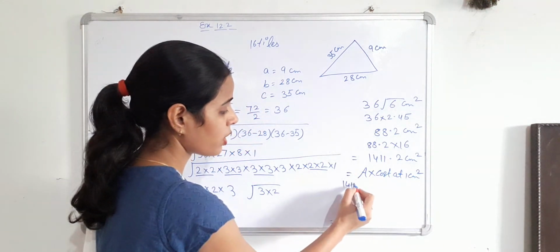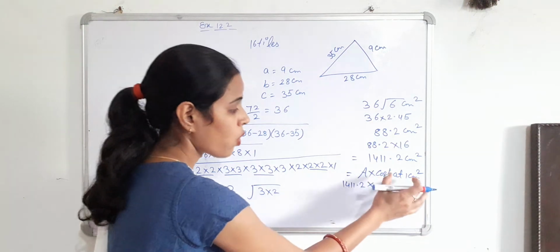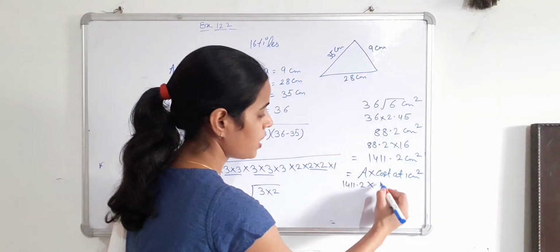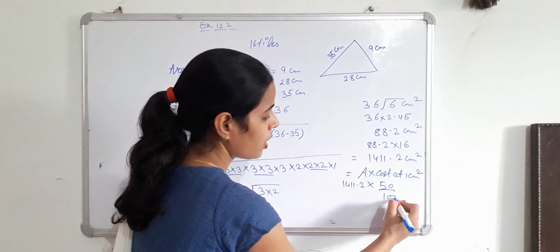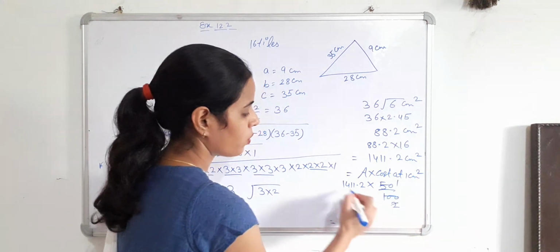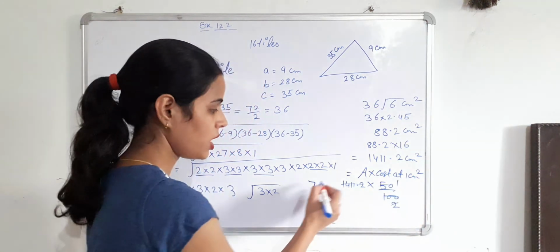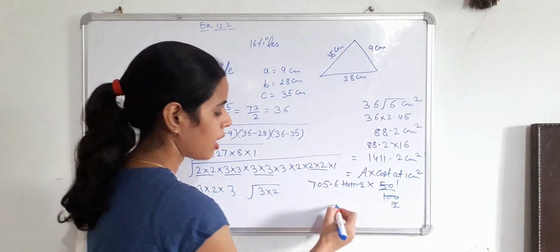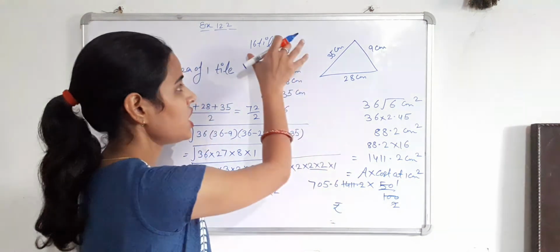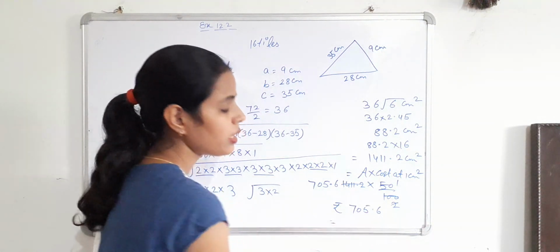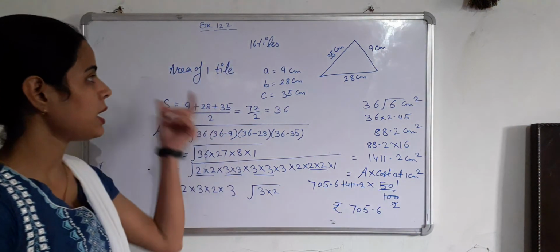Area equals 1411.2. Cost at 1 centimeter square is 50 paise. 50 paise means 50 upon 100 rupees, which is 1 by 2. 2 7, 14, 0, 2 5, 10. 1 is left. 2 6, 12. So total cost for 16 tiles equals rupees 705.6. Question number 8 is complete.